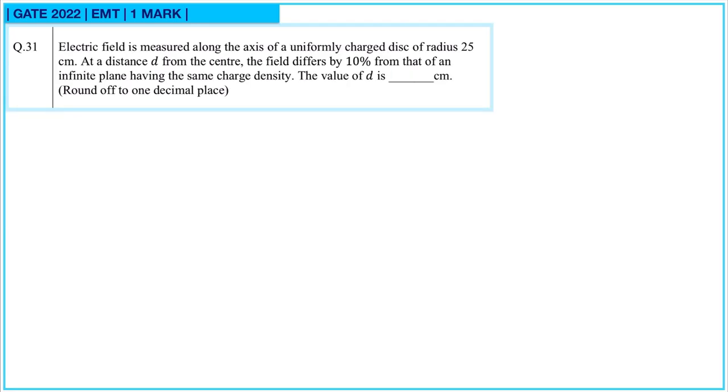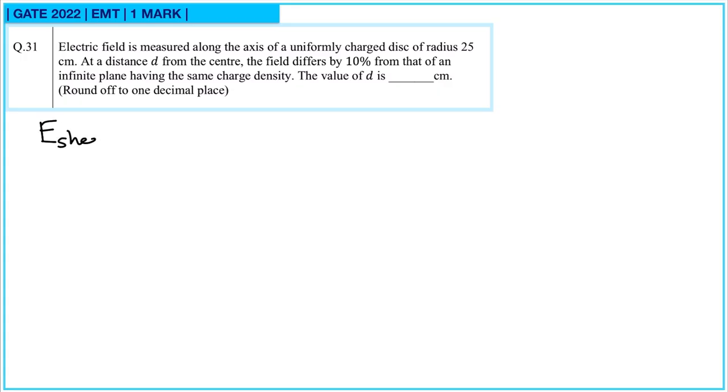Next question. Electric field is measured along the axis of a uniformly charged disk of radius 25 cm. At a distance d from the center, the field differs by 10% from that of an infinite plane having the same charge density. The value of d is in centimeters, rounded off to 1 decimal place.